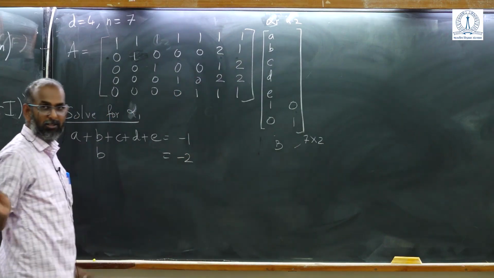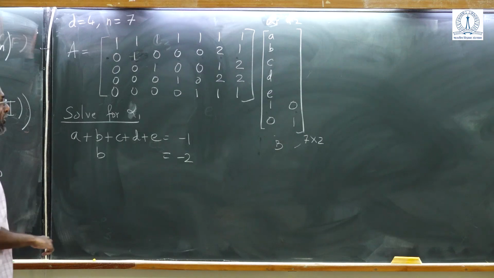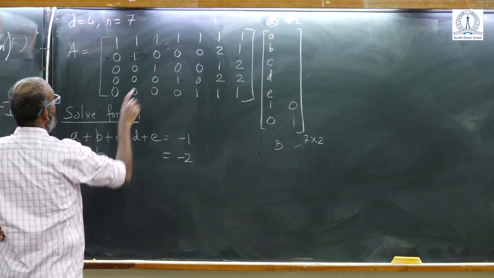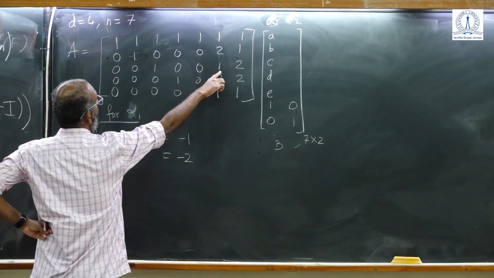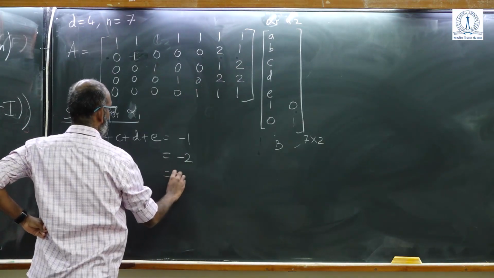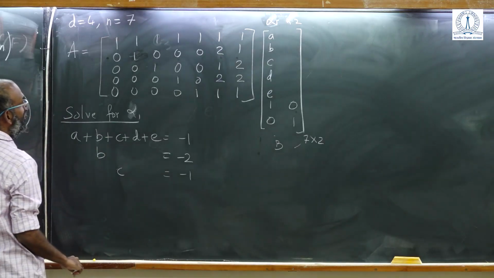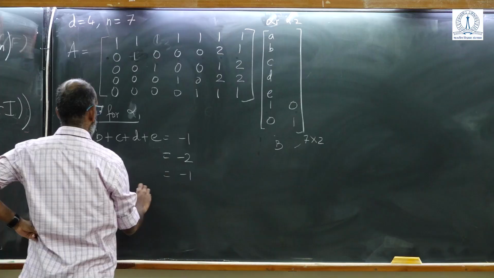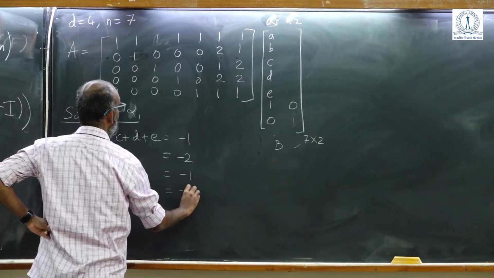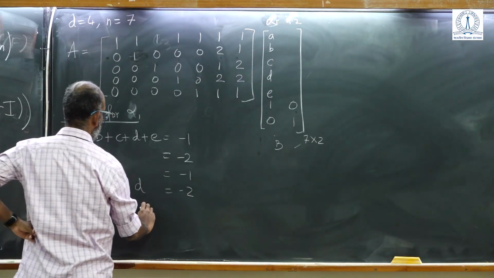So B equal to -2. So that's good news. We got one already. And here we'll have C is equal to -1. Okay, even better news. And D again is equal to -2. And D equal to -1. Wonderful.